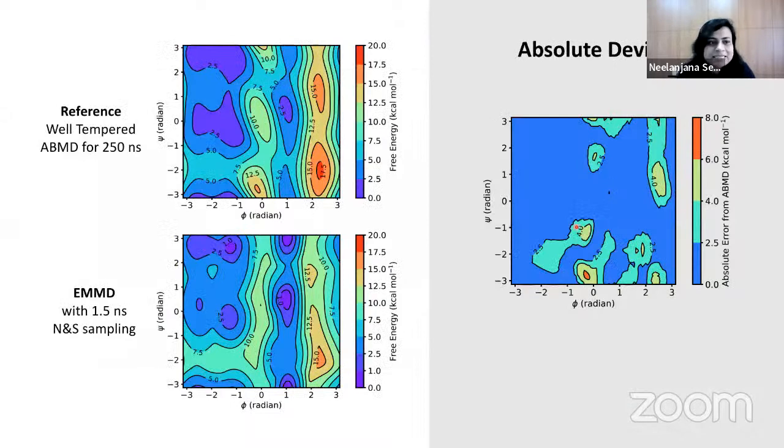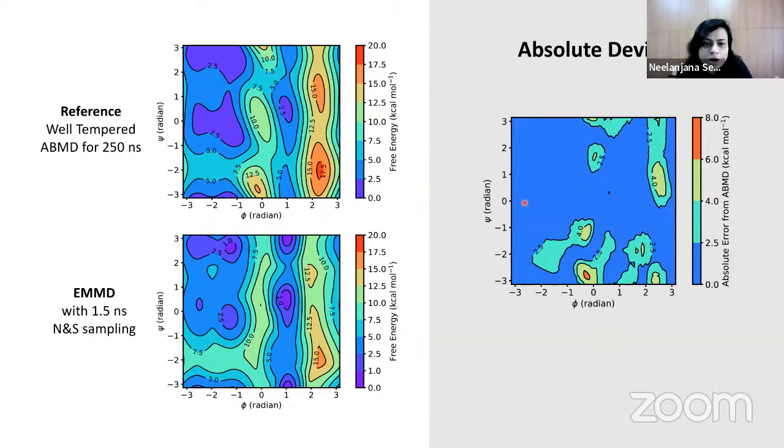What we do find, referencing ABMD, is that we can sample more or less the correct energy landscape with roughly 2 orders of magnitude less sampling time. So the efficiency is significantly increased, and one could argue that the free energy landscape is not extremely off.